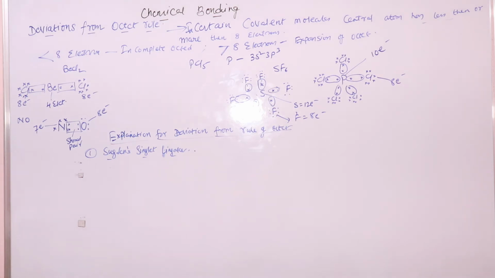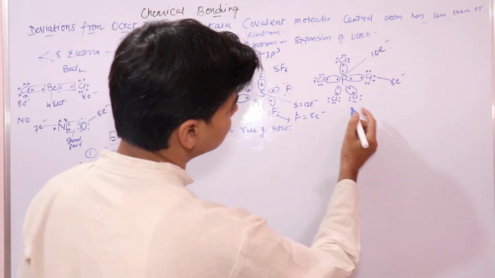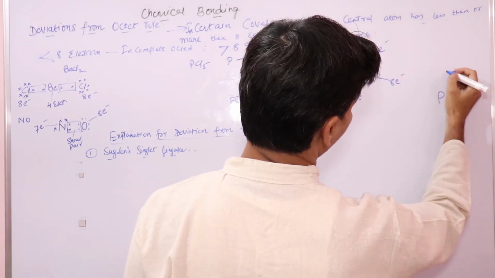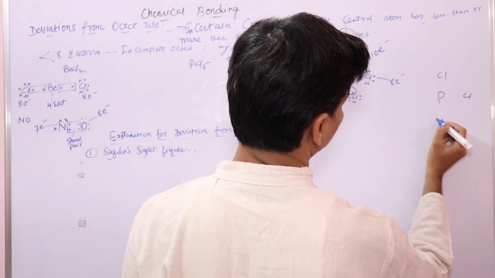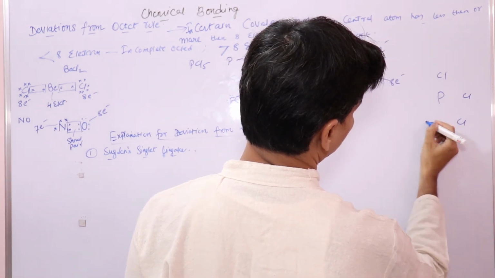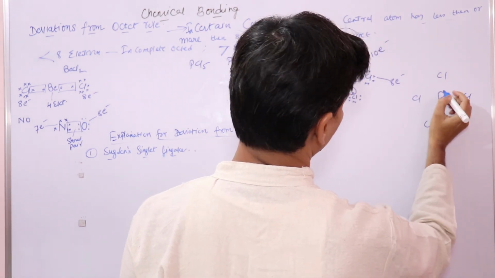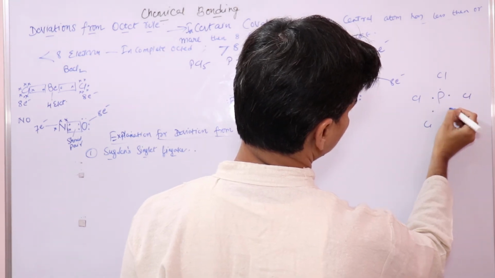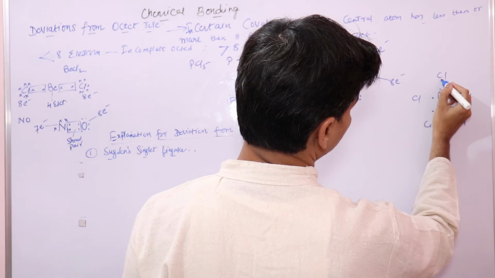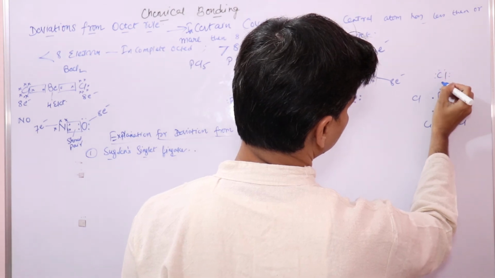Suppose this is your phosphorus, this is your chlorine. And we know phosphorus has 5 electrons in the outermost orbit, and chlorine has 7 electrons.